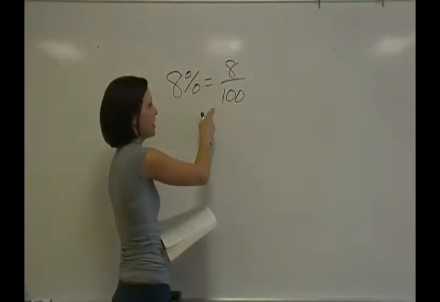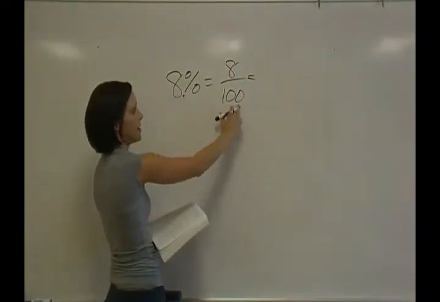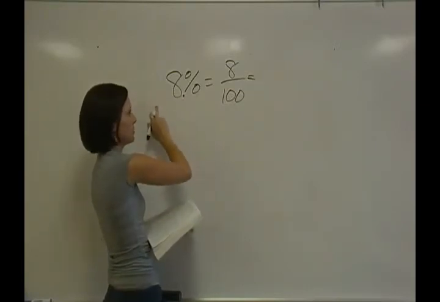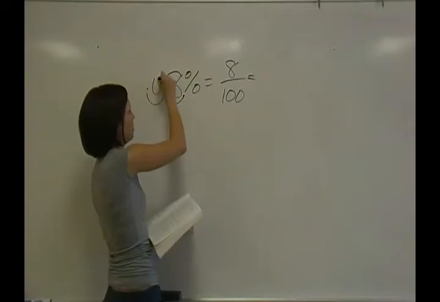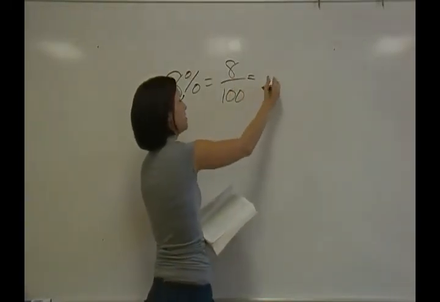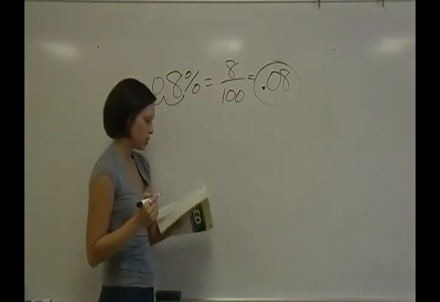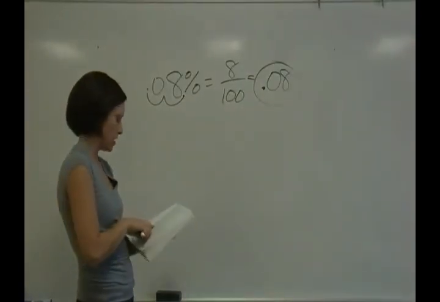But when you're dividing by 100, you move your decimal over 2 slots because of the 2 zeros, and it will go to the left. So you go 1, 2, and your answer will be 0.08, which is selection C. Pretty simple.